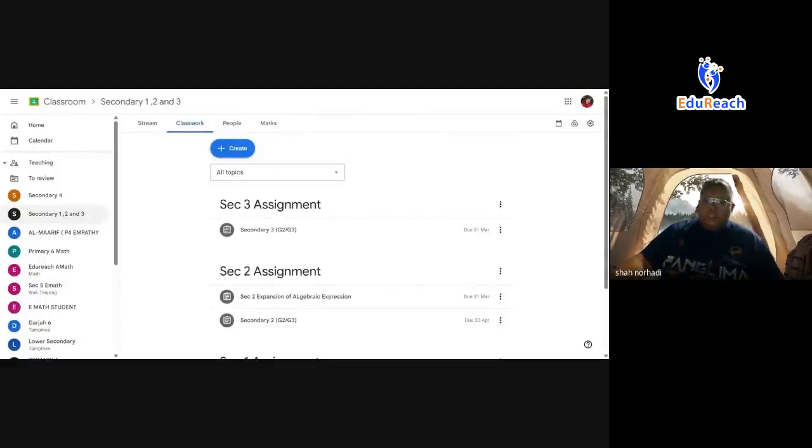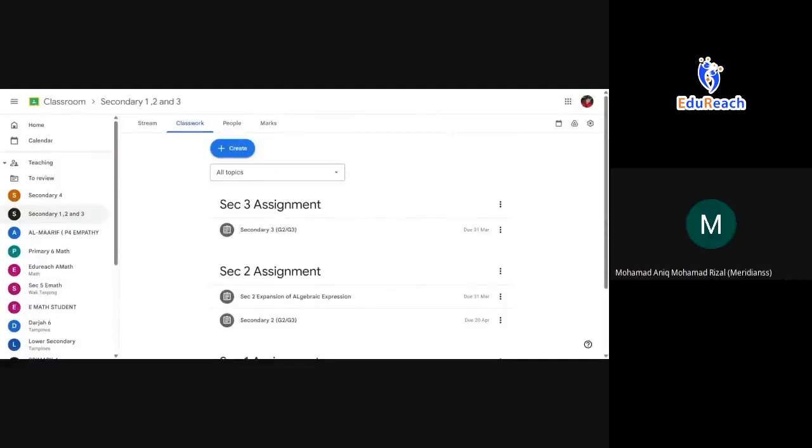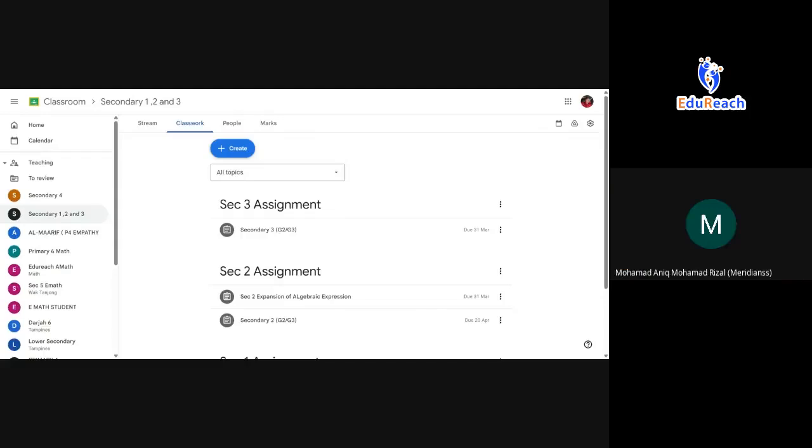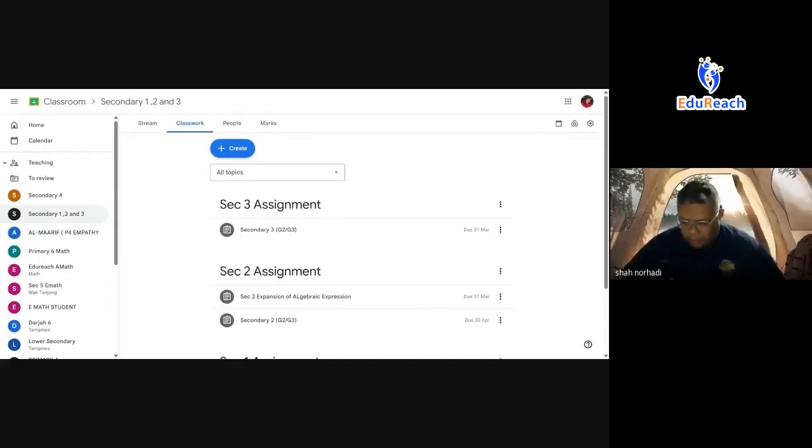Anik, do you see the Sec 3 assignment? This one is a mid-year paper. Concentrate on the topics or questions that you can do and that you have covered. Things like your algebra, your simultaneous, your maps, and I think map and scale.